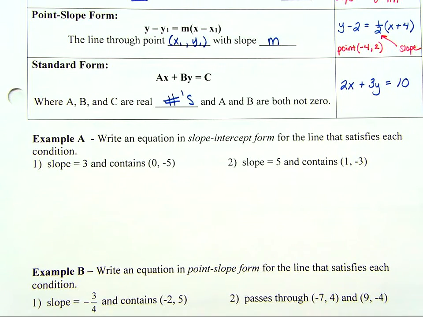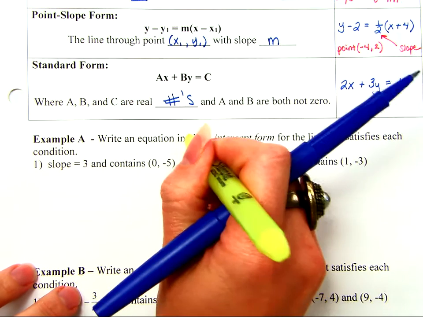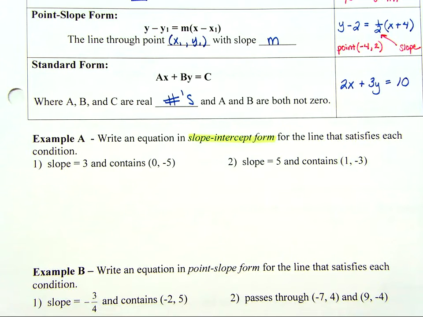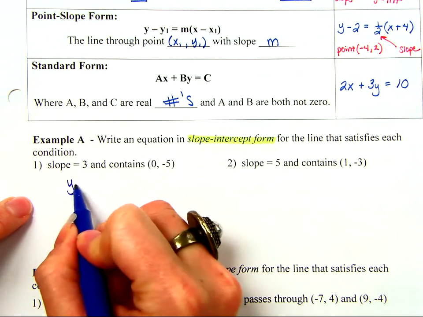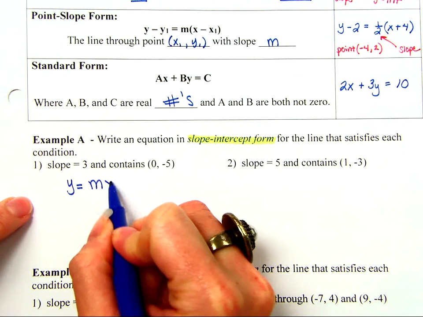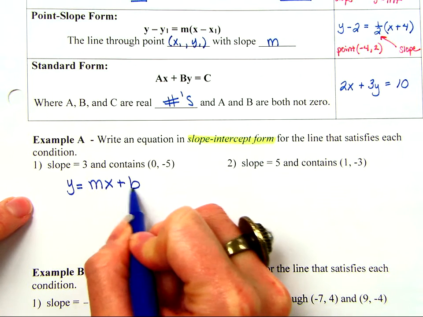Looking at example A, we are going to start by taking our information and writing our equation in slope-intercept form. So as I look at number 1, they tell me that my slope is 3, and it contains the point 0, negative 5. I'll remind you we're wanting it in the form y equals mx plus b.